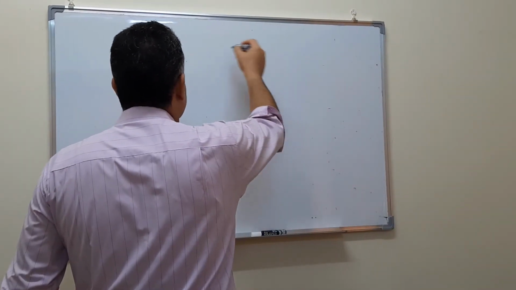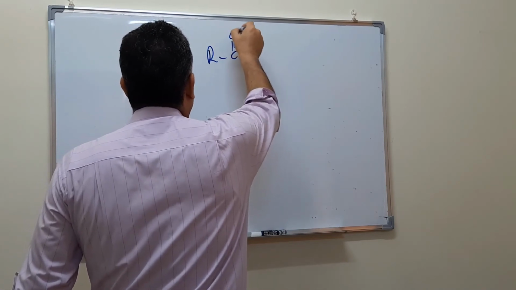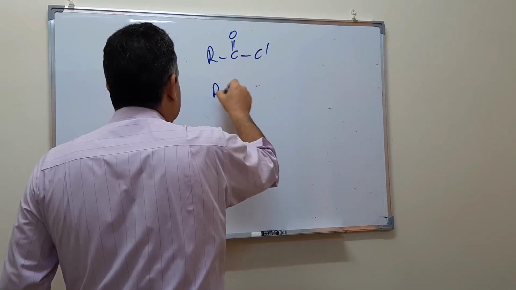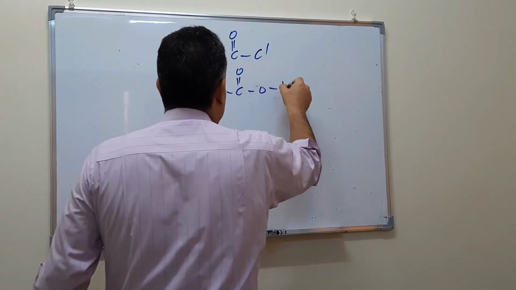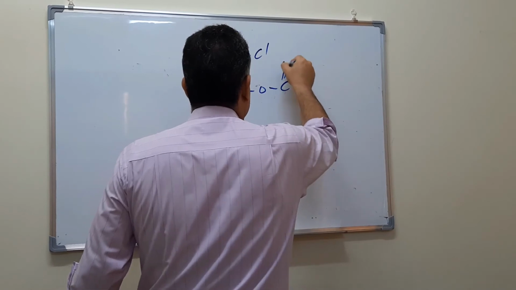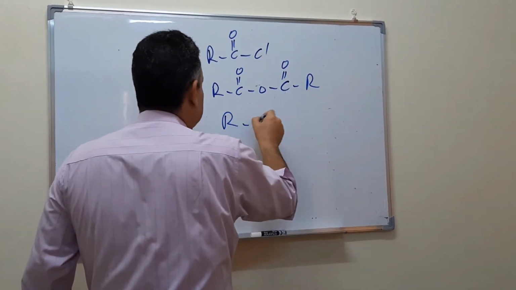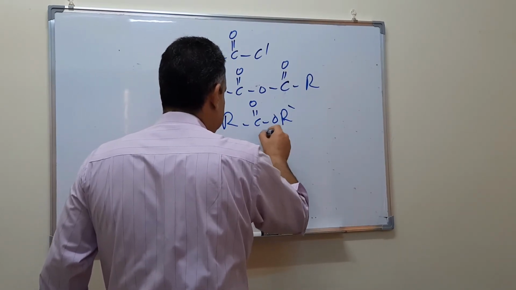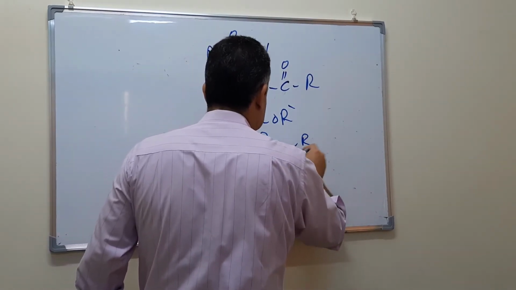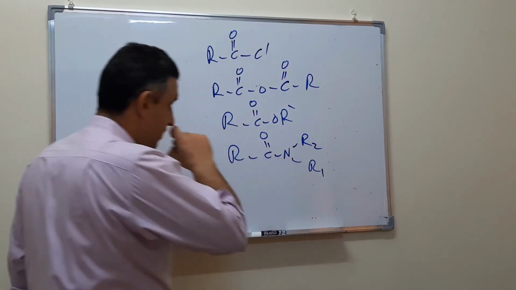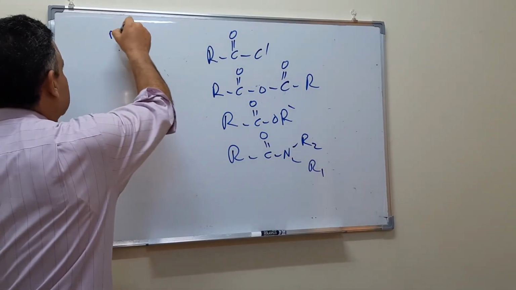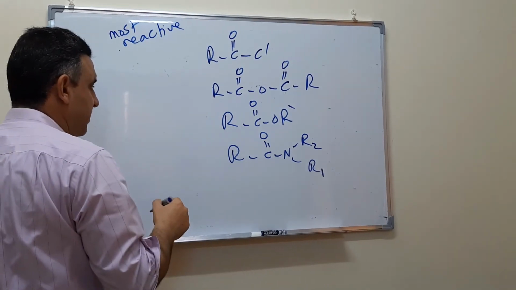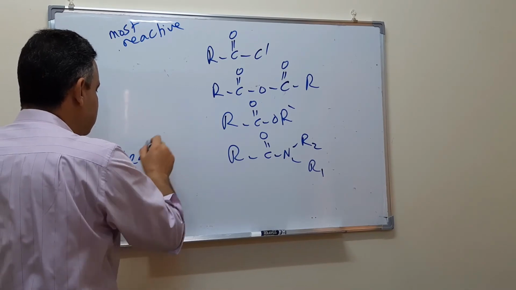As we explained in the slide, the acid halide, for example acid chloride, is the most reactive one, then the anhydride, then the ester, then the amide. So this is the most reactive toward nucleophilic addition-elimination reactions, and this is the least reactive one.